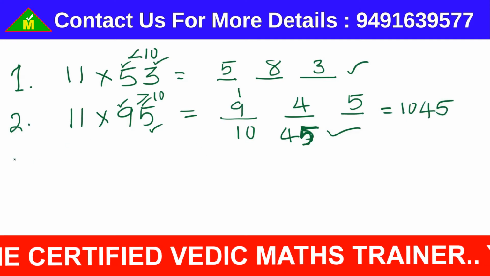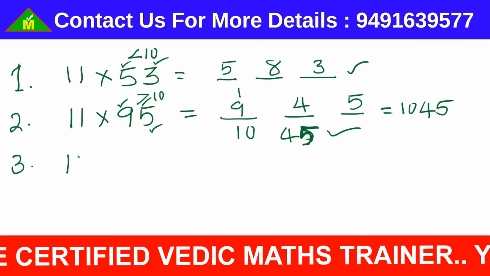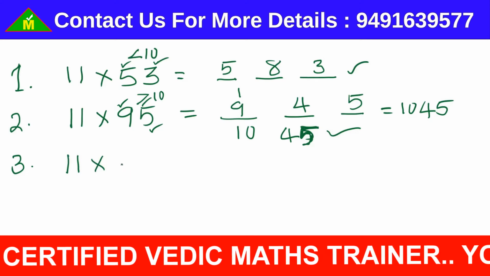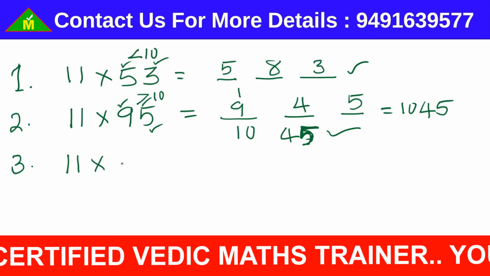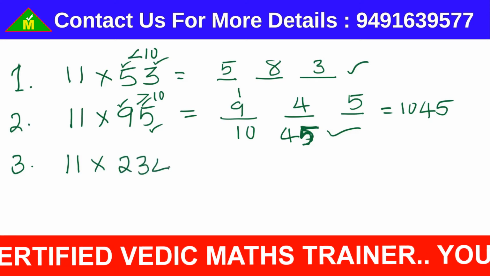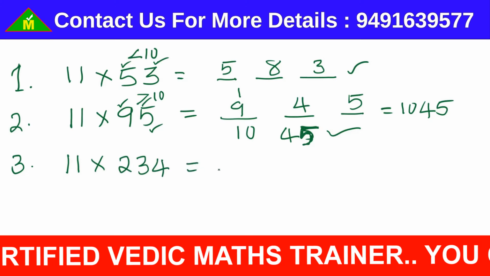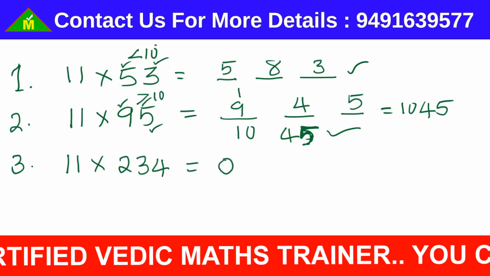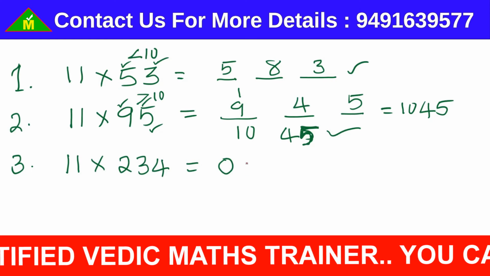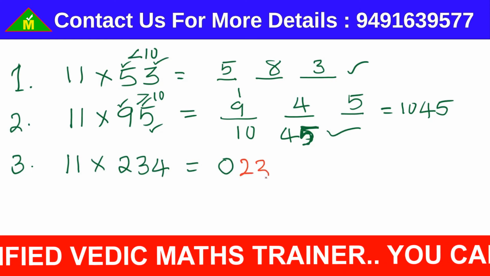Now case 3. Case 3 is multiplying more than two digits, suppose 2, 3, 4. In this case what we will do is just add 0 before and after the number which we want to multiply.